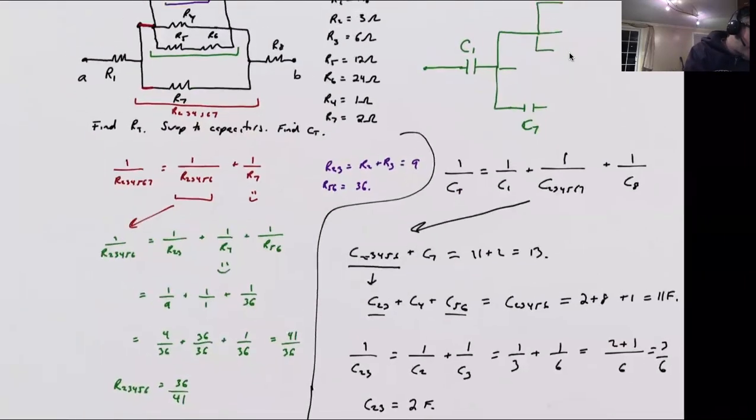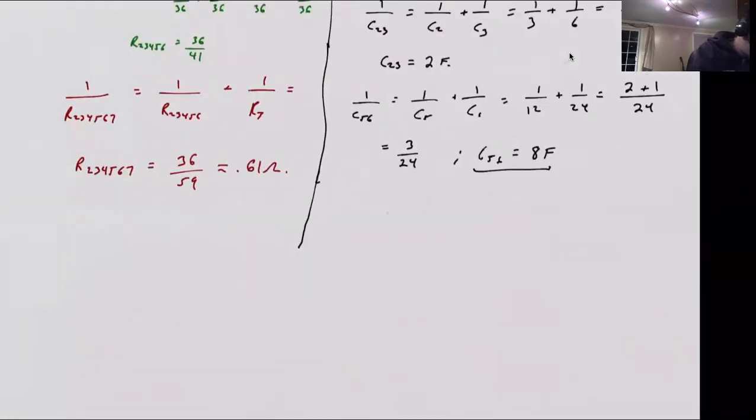Oh, I'm making my life worse and worse, but good thing I made C1 and C8 as 1s, because then finally we can take this last thing and see that 1 over CT is equal to 1 over C1 plus 1 over C2, 3, 4, 5, 6, 7, plus 1 over C8.